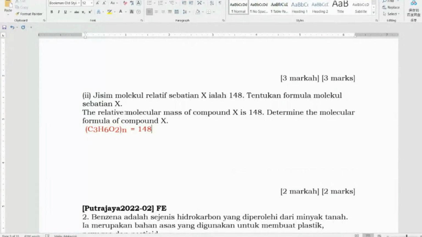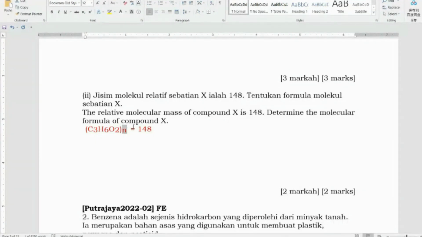Next. Relative molecular mass is 148. Determine the molecular formula of X. So find the N, right? Have you calculated the N? Matthias, have you calculated this question?